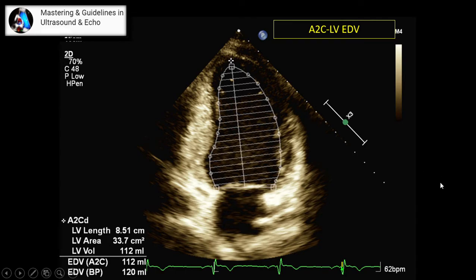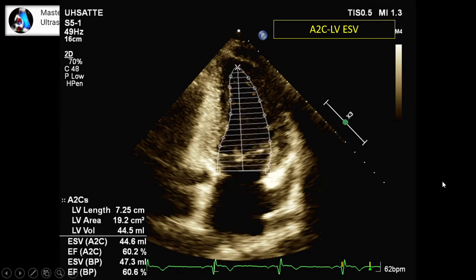Then we go for the Simpson on the apical 2 again, and if you notice, the ejection fraction between the apical 2 and apical 4 is almost the same. As a general rule, if there isn't any wall motion abnormality or electrical abnormality, the ejection fraction between the apical 2 and apical 4 shouldn't be too different. 1, 2, or 3% difference is okay.